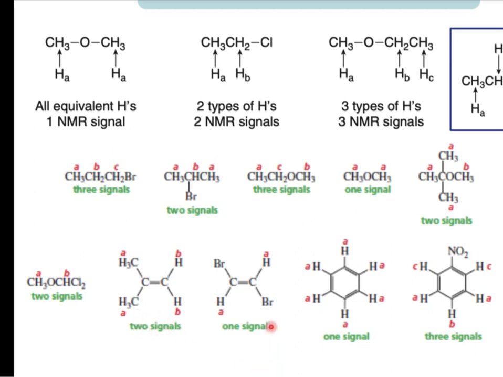So two signals. This one has one signal, because these two protons are attached to the carbon which has the same bromide. So that's why it has one signal.